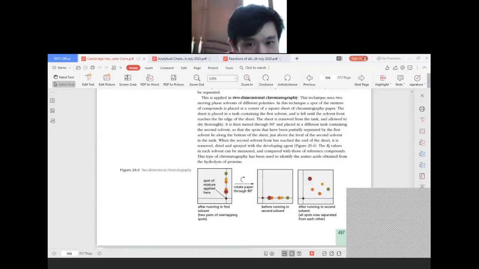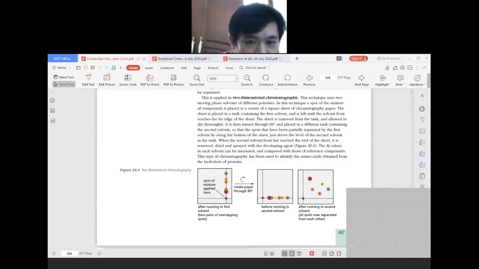Because there you can find the RF value, I think it's quantitative. No, it is qualitative. Why is that so? Because the spot goes up, we can only count the RF. All chromatography will give RF values.